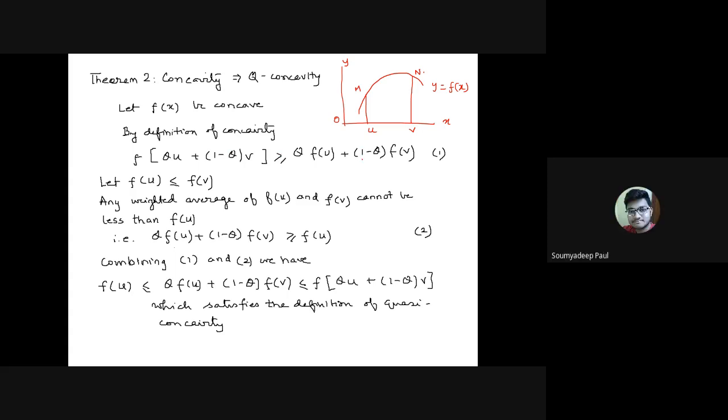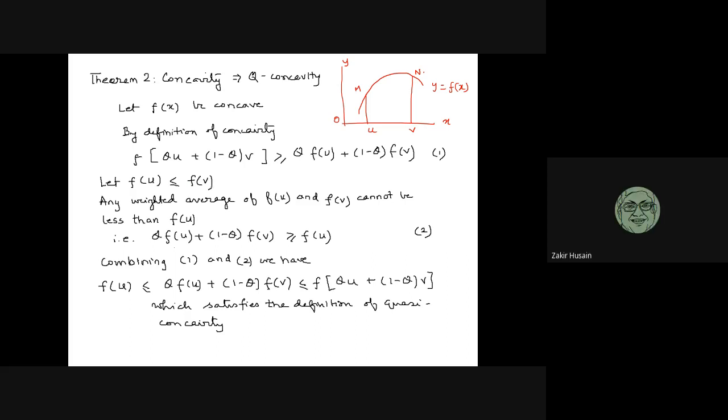No, sir, actually, in the previous class, the last class, you wrote let f of u be less than or equal to f of v, but in the graph you showed that f of u is greater than or equal to f of v. I guess you interchanged u and v in the last class.